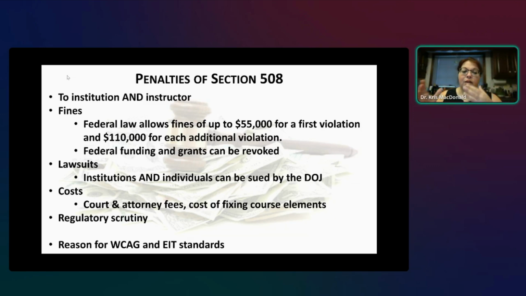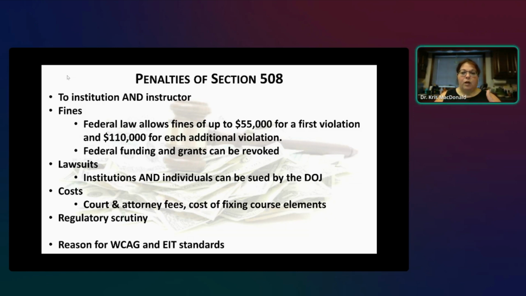That's what 508 says. And again, those standards that Gabrielle and I were talking about, the WCAG 2.1, 3.0, those are the standards by which the accessibility is measured.